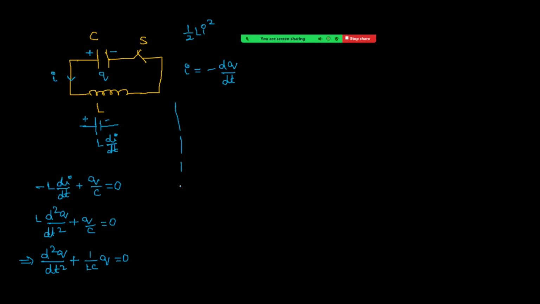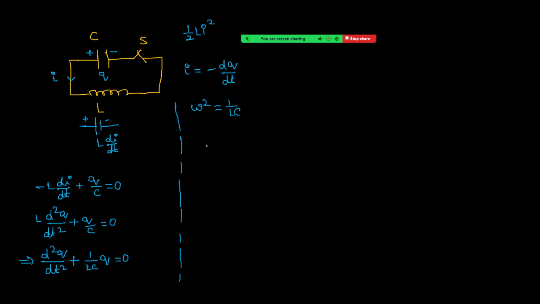You can see this is of the form d square y by dt square plus omega square y equal to 0, where omega square equals 1 by LC. So from this we can say charge is changing simple harmonically, right?